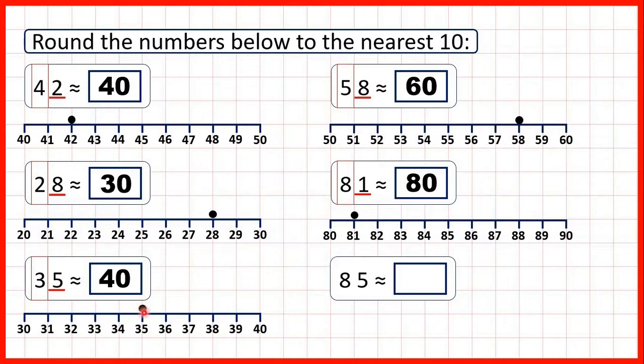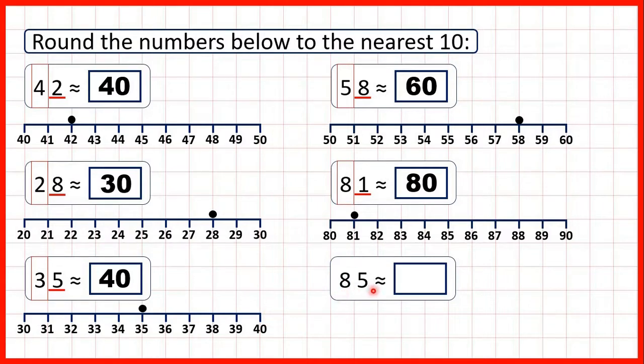But even though 35 isn't any closer to 40 than it is to 30, if it's right in the middle, we always decide to round up rather than down. So that's why if the ones digit is a 5 or more, we still round up.